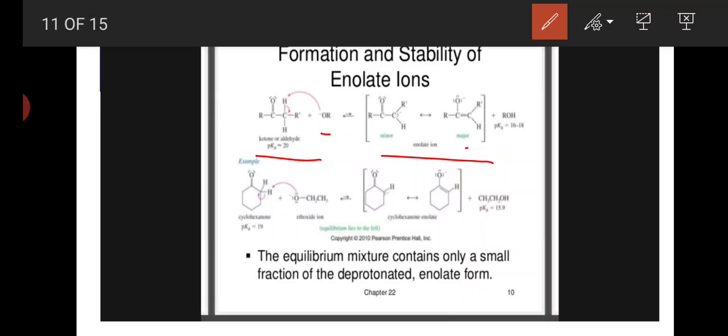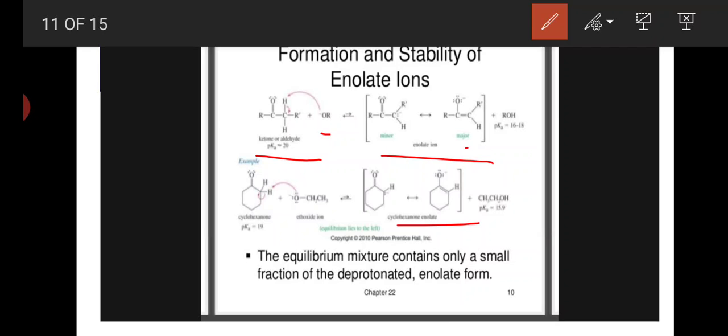And one more example: this is cyclohexanone and this is ethoxide ion. Here also we get the same two expected products. The equilibrium mixture contains only a small fraction of the deprotonated enolate form.